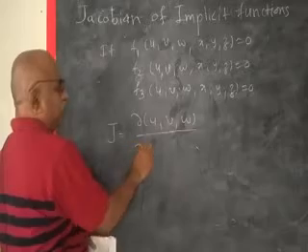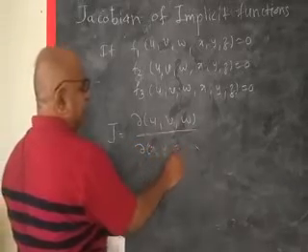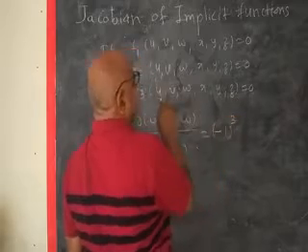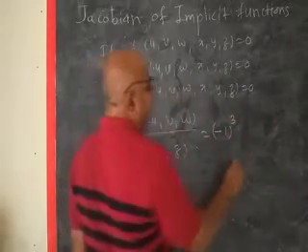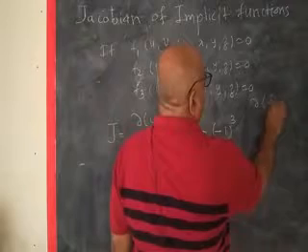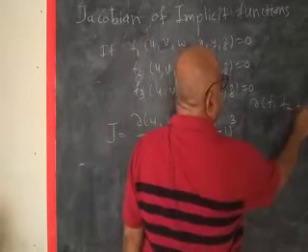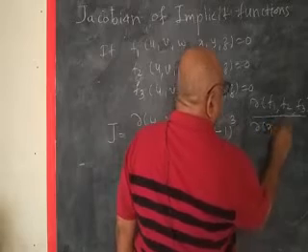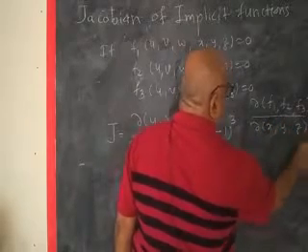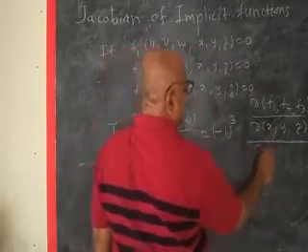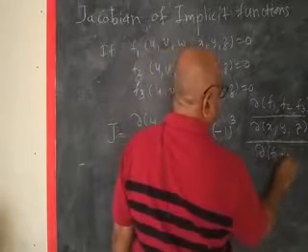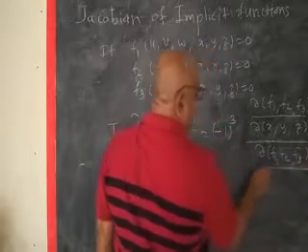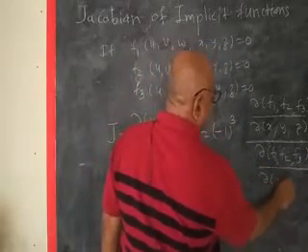with respect to x, y, z is equal to (-1) cubed, because there are 3 dependent and 3 independent variables, times the Jacobian of f1, f2, f3 with respect to x, y, z, divided by the Jacobian of f1, f2, f3 with respect to u, v, w.